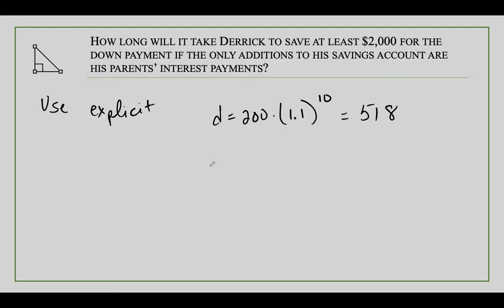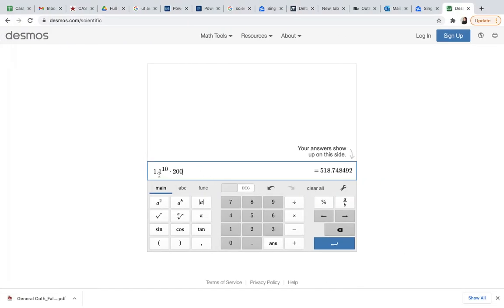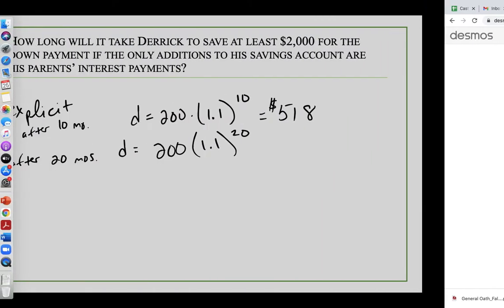Now let's try 20 months because that's kind of small. We need more. So d equals 200 times 1.1 to the 20. So here's after 10 months, and after 20 months. Let's see how much that will be. So let's just replace that with a 20. We're closer, 1345.